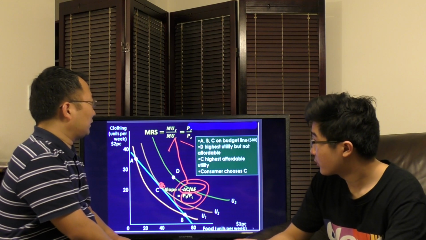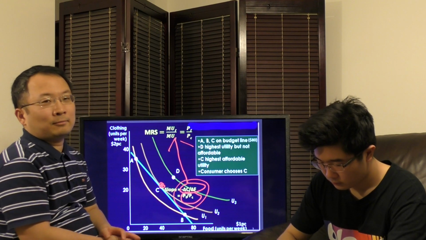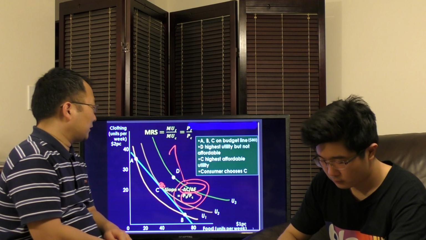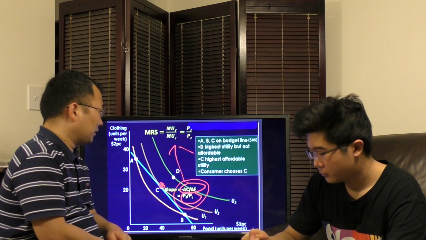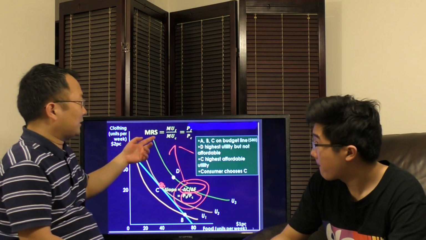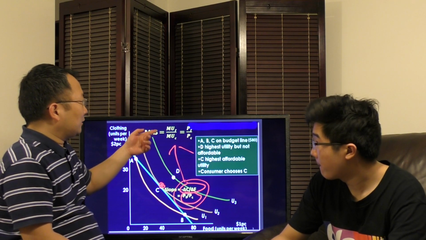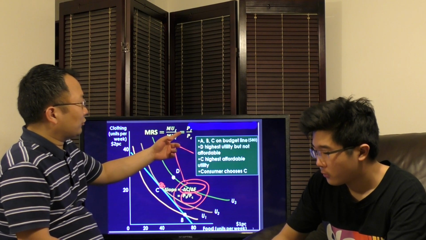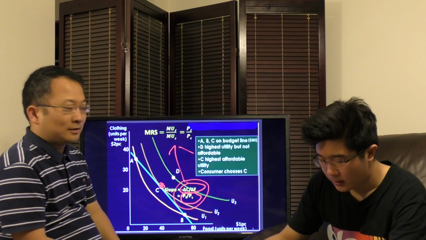Yeah, in fact, in the early episodes from macroeconomics, we discussed those indifference curves and discussed international trade. We discussed what is MRS and why the marginal rate of substitution must equal PF divided by PC.